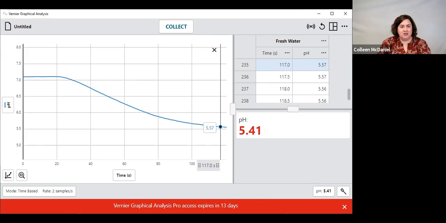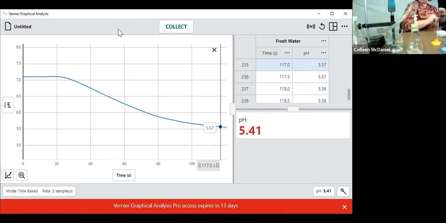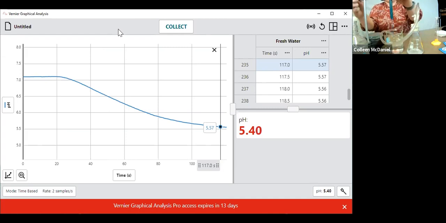All right, so I'm going to go ahead now and get set up for the second run of data. So I'm going to remove my pH probe from my freshwater. I'm going to go ahead and rinse it off with distilled water.